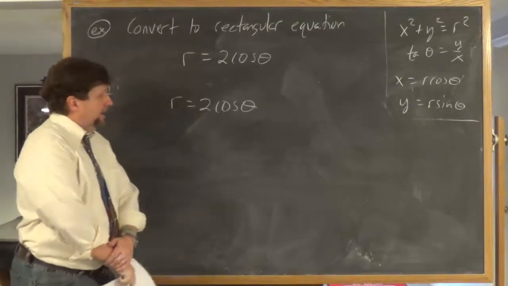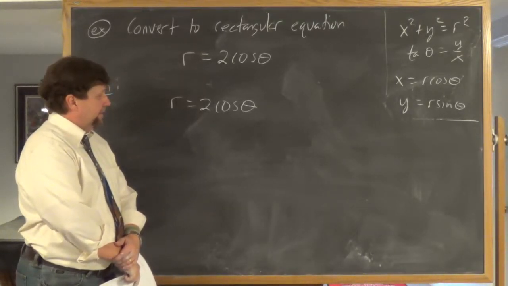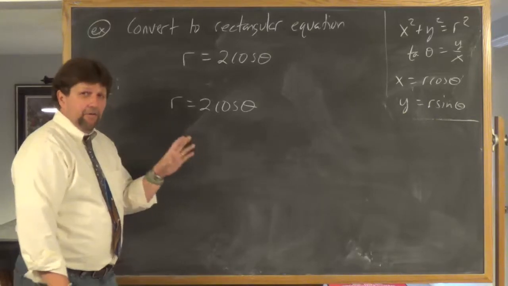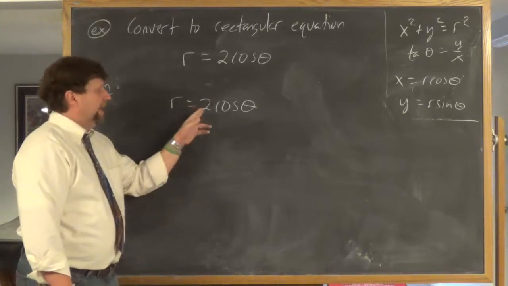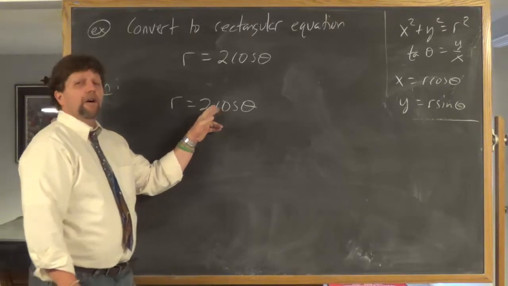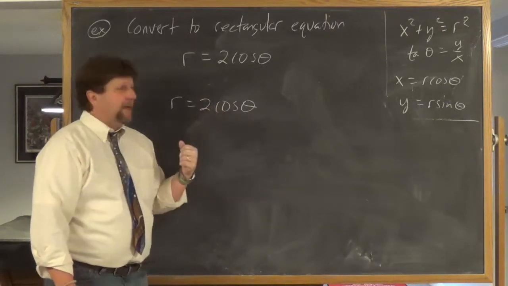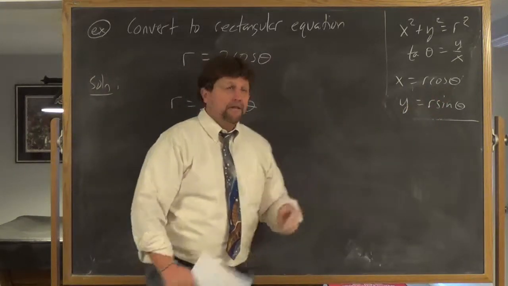And it's like, wow, boy, what could I do here to make this friendly? If only I had an r right there. If only I saw 2r cosine theta. Because if I saw an r cosine theta, I would know r cosine theta is an x.